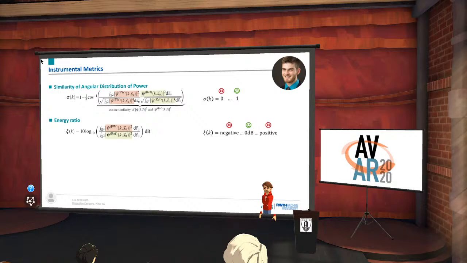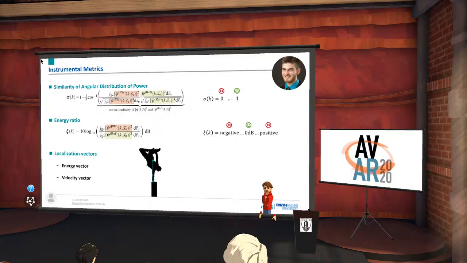We're also considering the energy ratio, which is just comparing the energy of the output signal with the ground truth. And we want to achieve 0 dB, because if we have some attenuation or amplification, we would expect to yield heavy coloration in the signal.